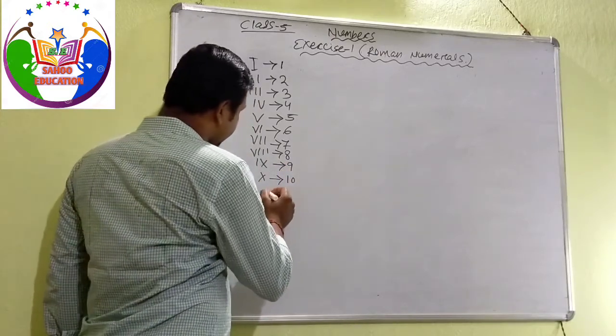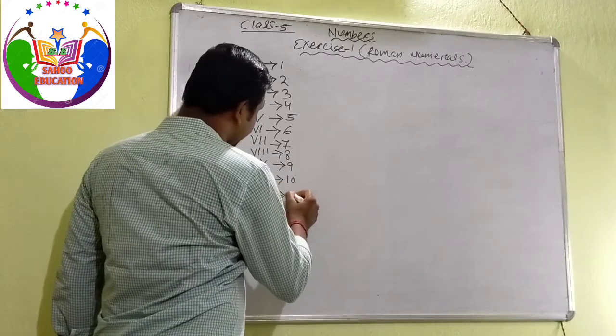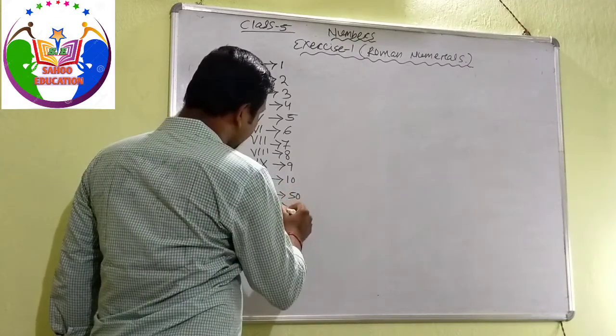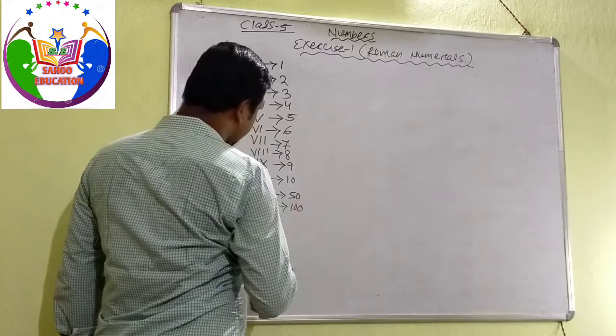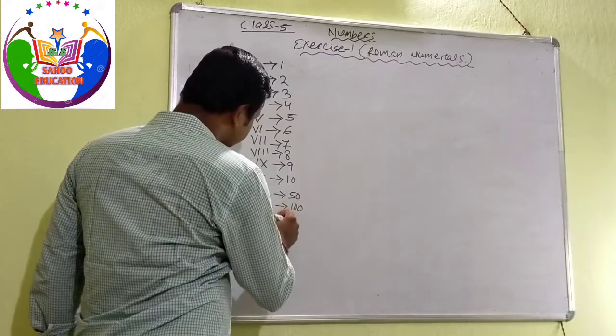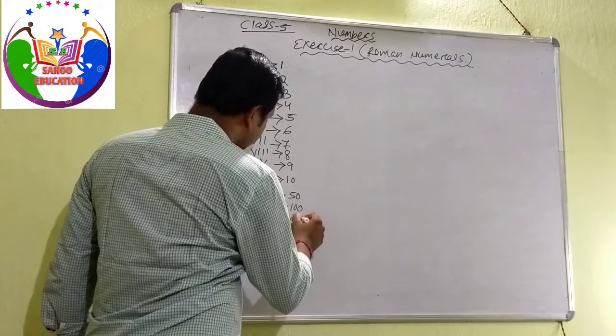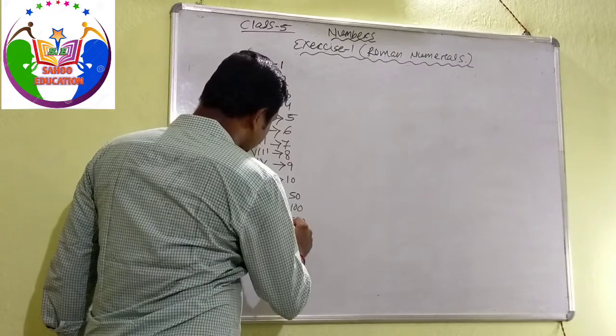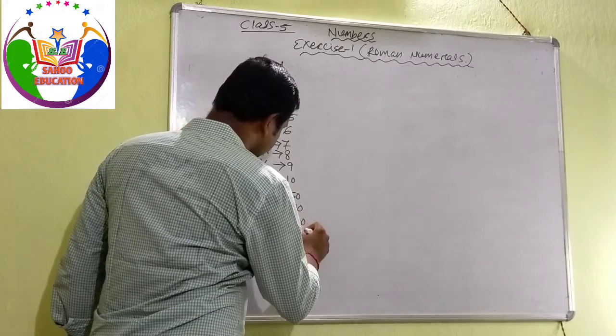Similarly, we can write L for 50, C for 100, D for 500, M for 1000.